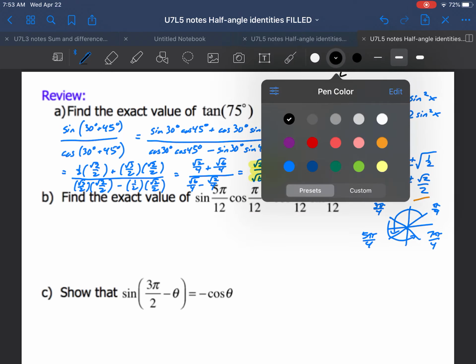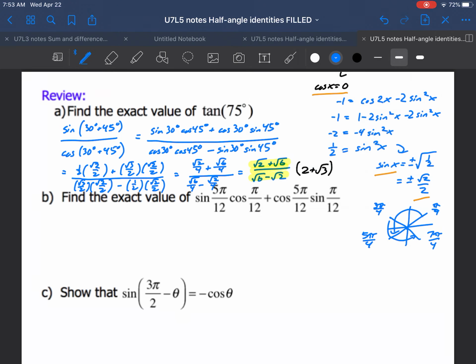Find the exact value of this. Well, this looks like, if we're thinking about our identities, we've got sine, cosine, cosine, sine. So this is not a cosine identity, right? This is a sine identity. This is a plus, so it's the sum of two things, and it's going to be these two added, right?